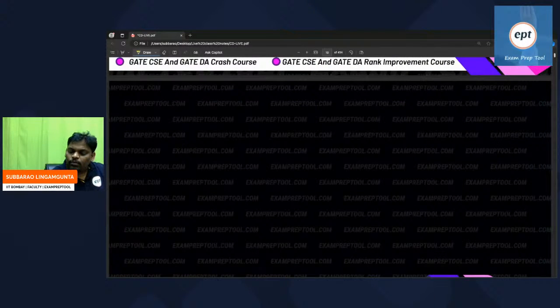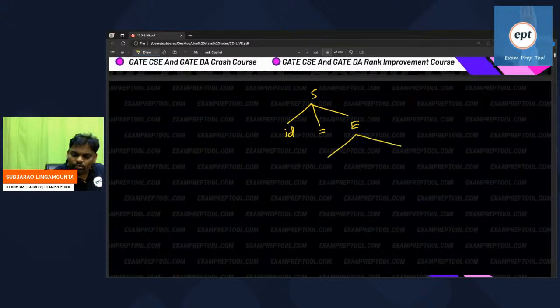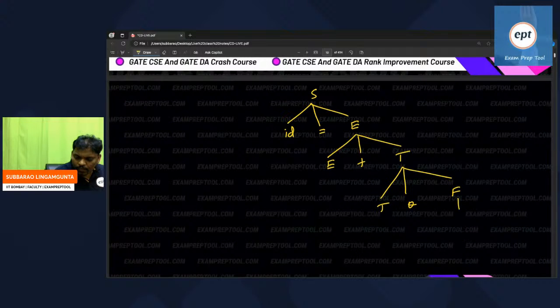See the output now. S goes to ID equal to E. It's the same tree I am taking. E goes to E plus T. T goes to T star F. F goes to integer constant, which is 60.